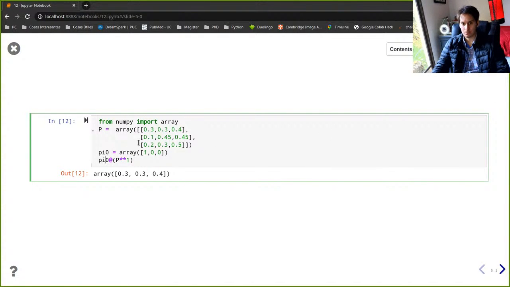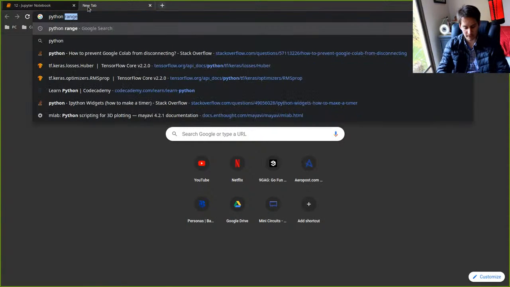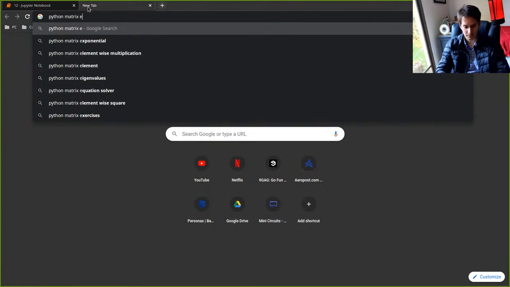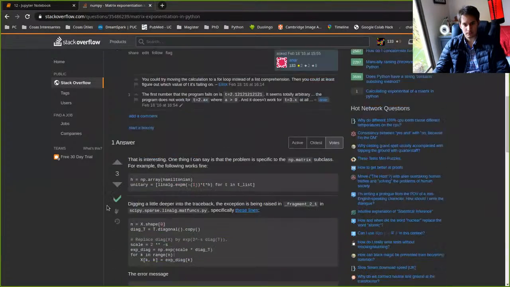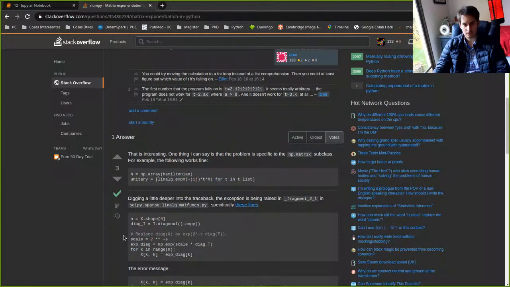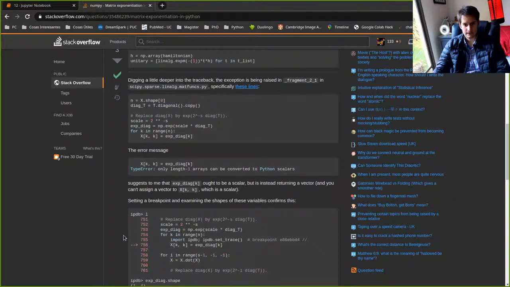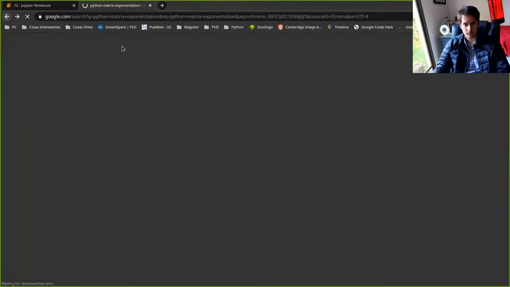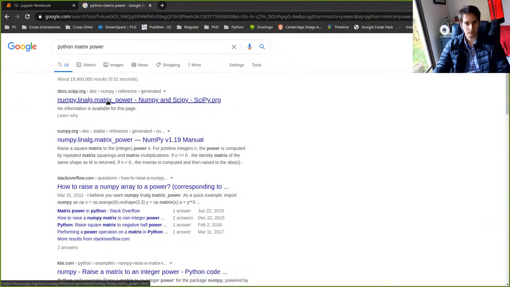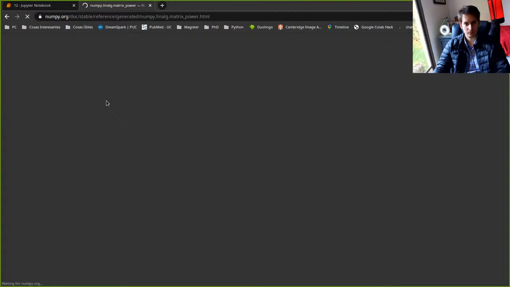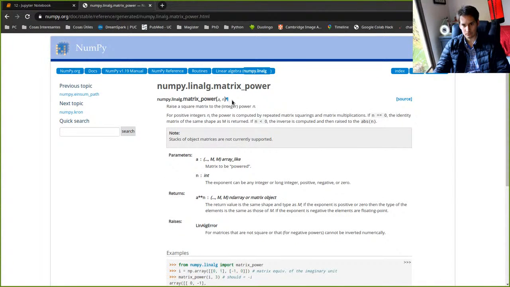And let me check something. Python matrix exponentiation. Oh, matrix power. Okay, so let's use this instead.